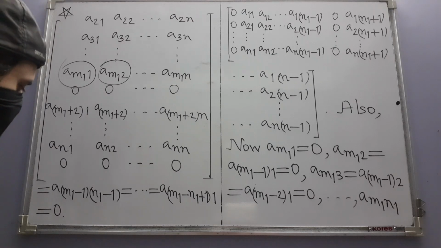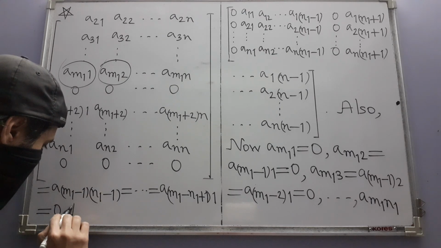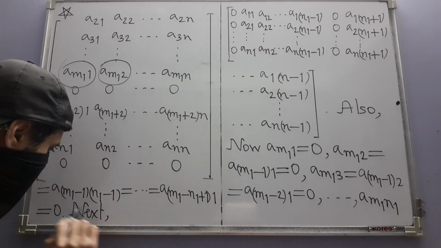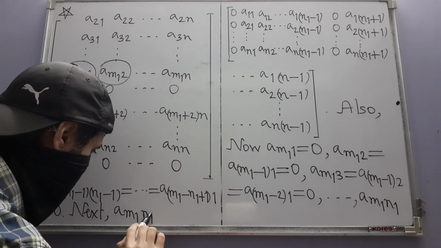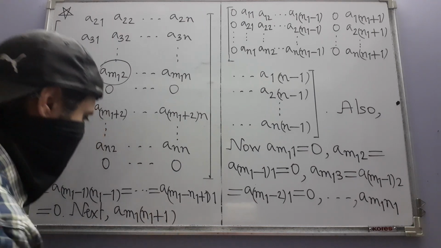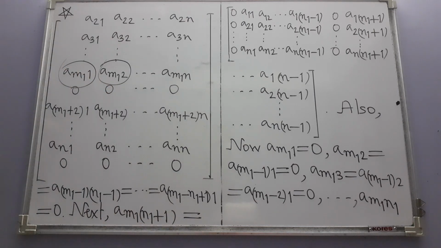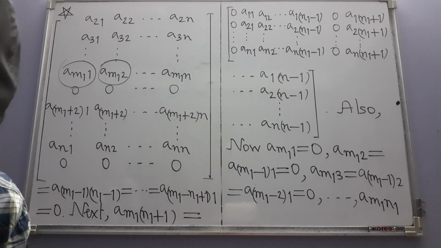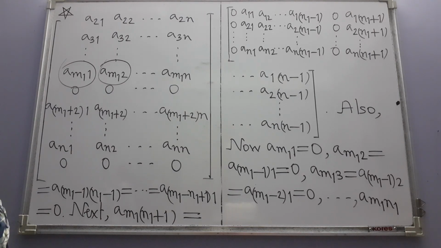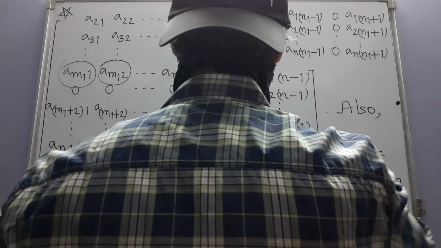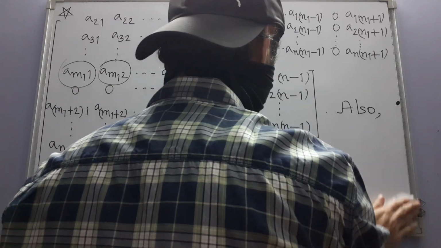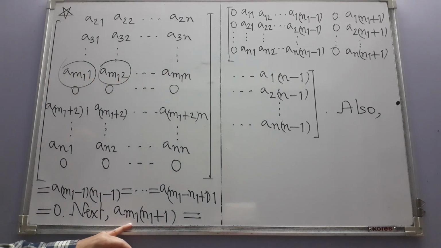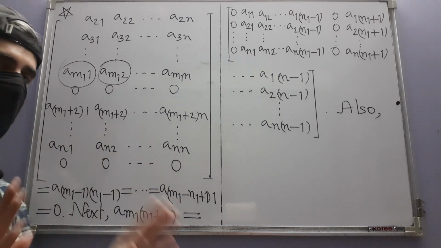What about them? Next we consider A m1, n1 plus 1. What can you do about this? The first thing you have to do is find this entry somewhere in these two matrices.